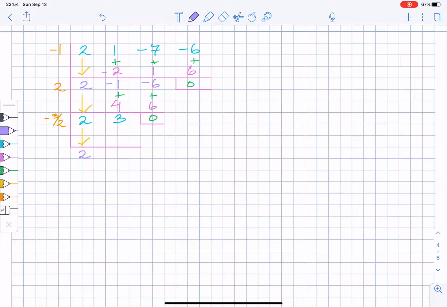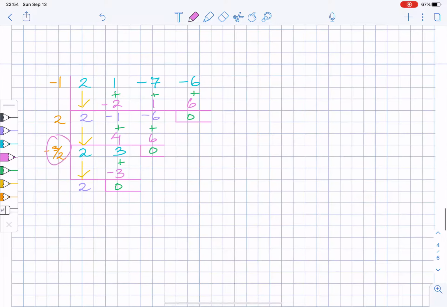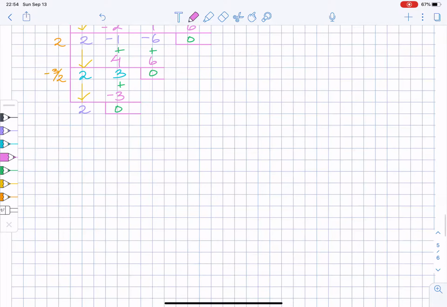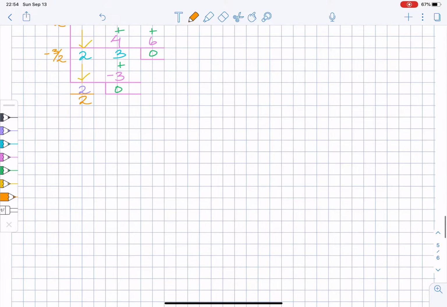So divide by 2 is 1 times negative 3 is negative 3. Then we add these together and we get 0, which is good. However, I've got a 2 left over, not a 1. Well, in order to get that 3/2, I would have had to factor out the 2. So I divide by 2. This is one of those sneaky ones. So my remainder should be 1.